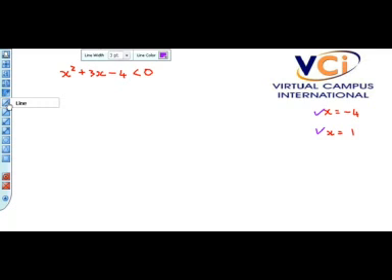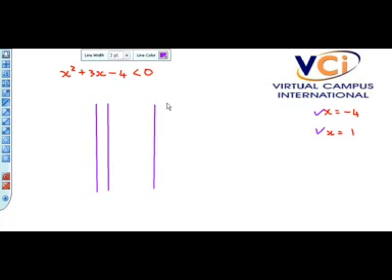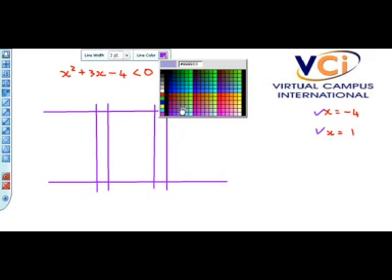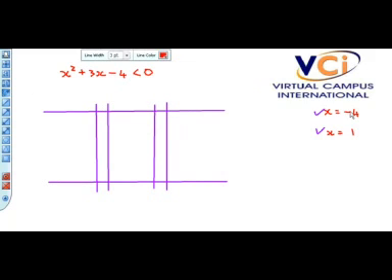Listen carefully. I've got two values there, which means I will draw two vertical columns like that. That's the first step. Then I'm going to draw a line there, and a line there. Then I'm going to put the smallest of those two x values first, so it goes there, minus 4 and then the 1.